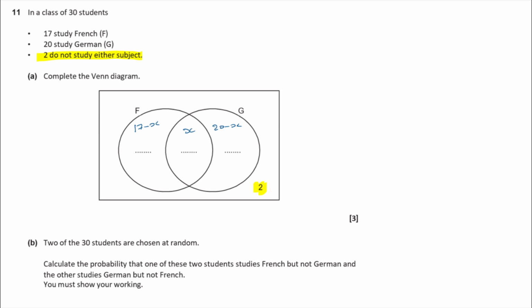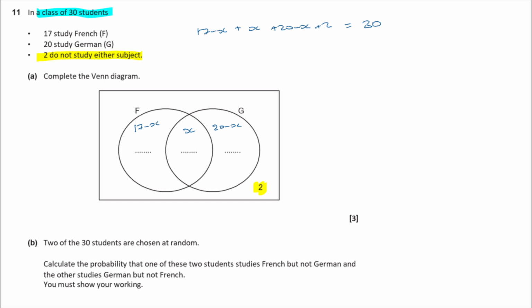We can equate that with the total number of students in the class, which is 30 altogether. So doing a little algebra, the number in the first zone, 17 minus x, plus the x, plus the 20 minus x, plus the 2, the things in all 4 regions added together, must be equal to the 30 students altogether.